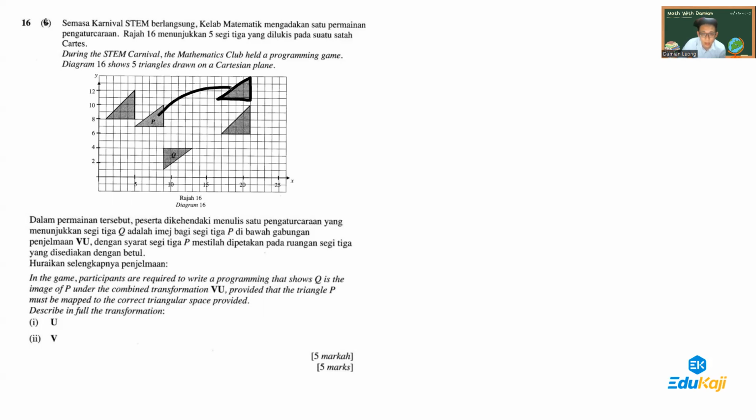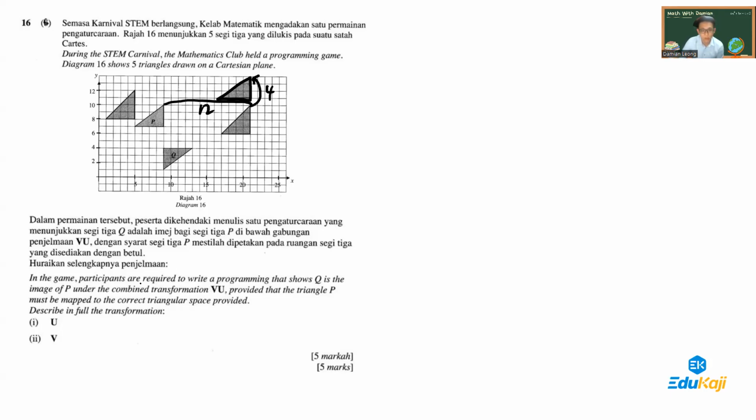So from P, I go to this. Sorry, from here until here. From 9 until 21, 21 minus 9, 12. From here to here, from 10 until 14, that is 4.